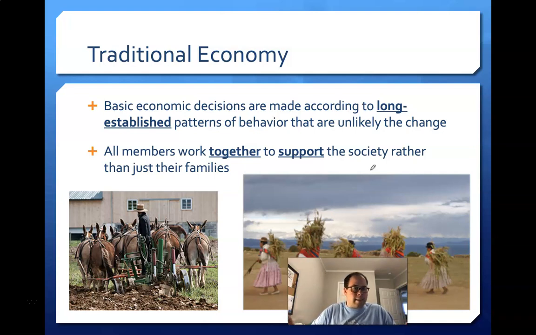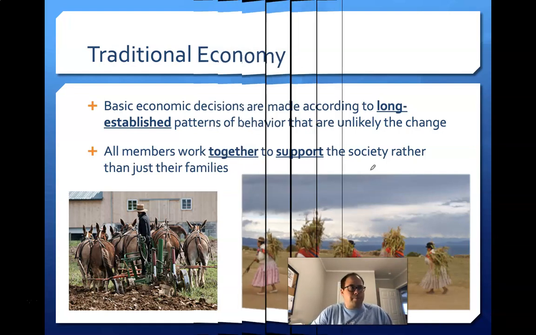If we look at like the Amish, or if we look at tribes in Africa or Native American tribes, everyone comes together and works for the common good. They share, they trade, working in more of an old-fashioned manner. And this is traditional because they've always done it that way, just like the name sounds.